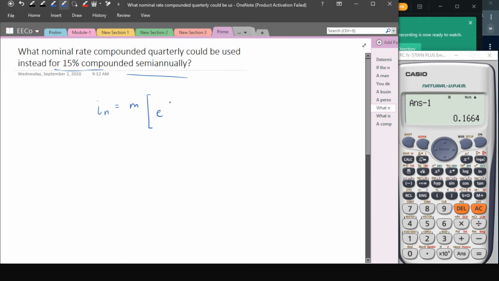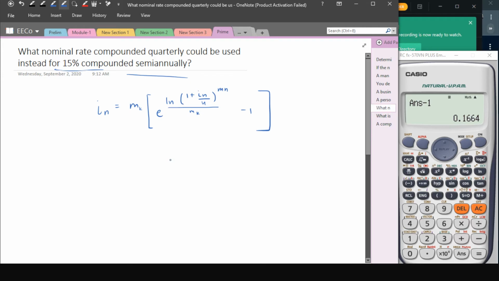Ito yung compounding nung ibinigay sa'yo dito. Semi-annual. Ito yung unknown. Ito yung known. Ito yung unknown. Okay? Unknown. Gagawin ko sang U. m_n divide by m_a, yung known. Minus.